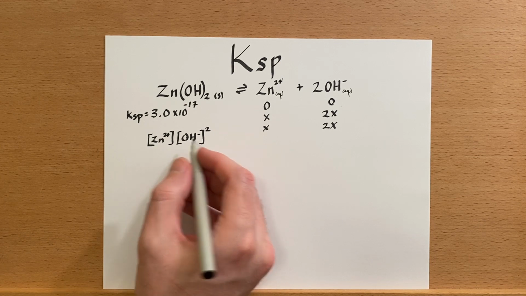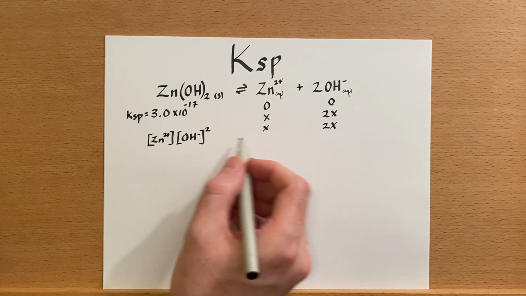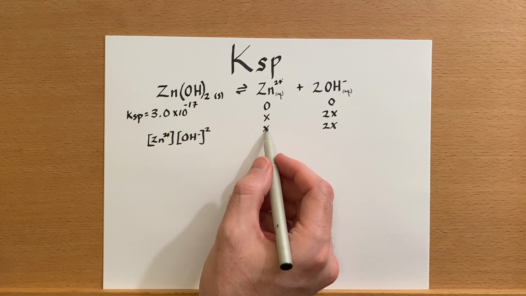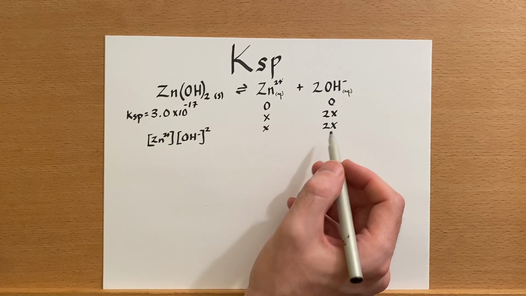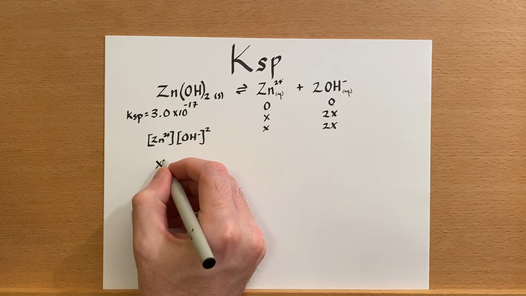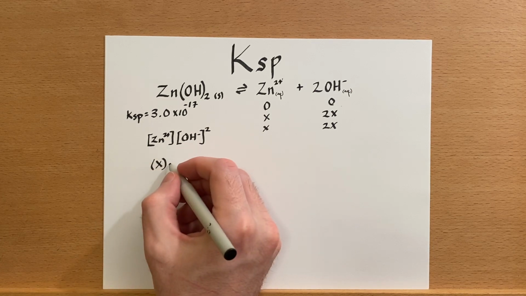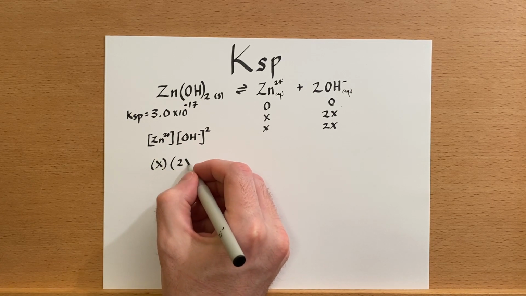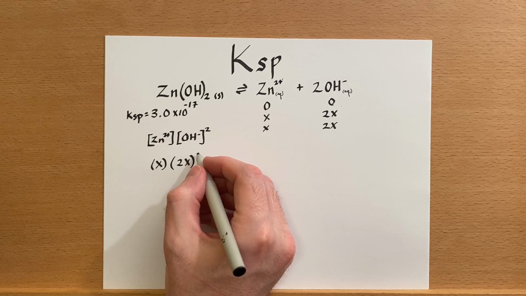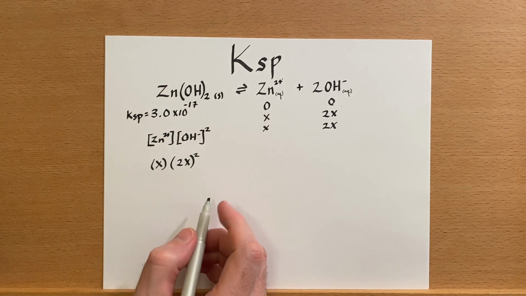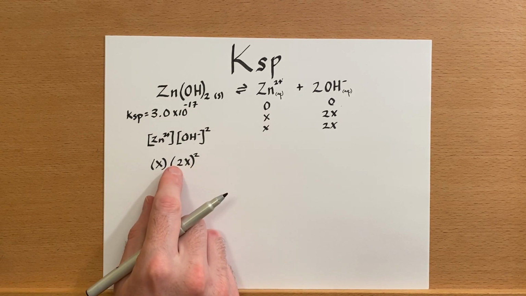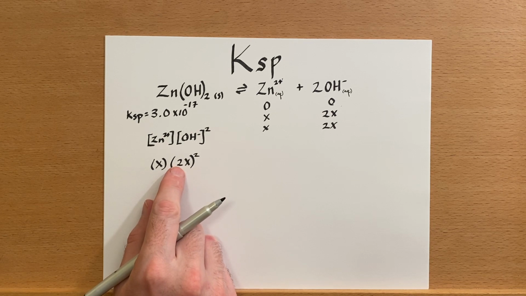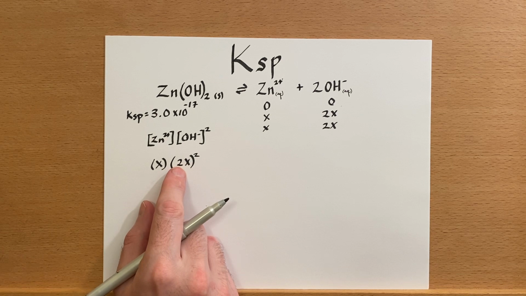All right, so let's plug in our equilibrium values, which is just X and 2X. So we're going to have X amount of zinc, and we're going to have 2X of hydroxide, which is squared. Now, please be careful. The 2 is also squared. So when we do the calculation here, 2 squared, that's 4.